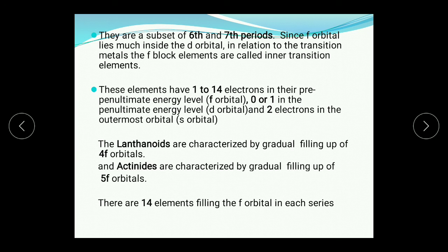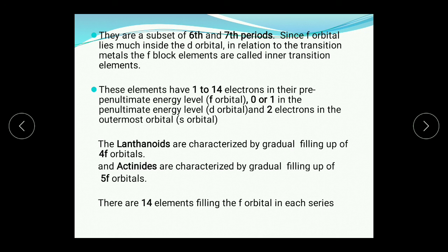That means there are 14 elements filling the f orbital in each series. So this is just an introduction to inner transition elements. Just read it, go through the textbook, read it again and again, listen to the video. It will make it easier for you to understand these inner transition elements because they are related to transition elements itself.